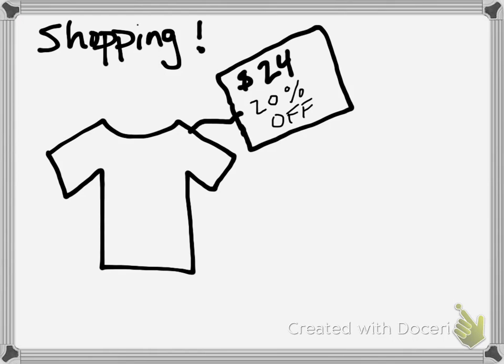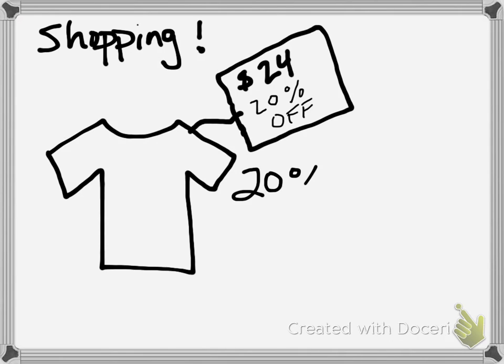Another time you might see these percents of a number out in the real world would be shopping, and you come across a sale. So here's an example of a shirt that's $24, but the tag says it's 20% off. And you might say, well, wow, that sounds like a heck of a deal. How much money am I actually going to be saving? What is 20% off? What is 20% of 24?